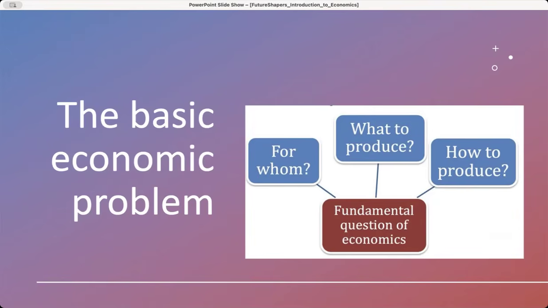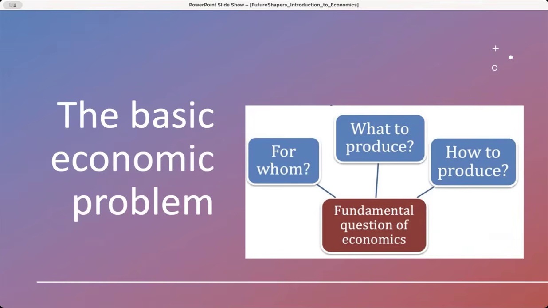This question focuses on determining the most efficient and effective methods for production, such as how to combine labor, land, and capital. And lastly, for whom to produce. This involves deciding how the produced goods and services will be distributed among the population.